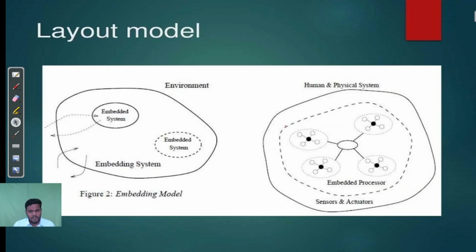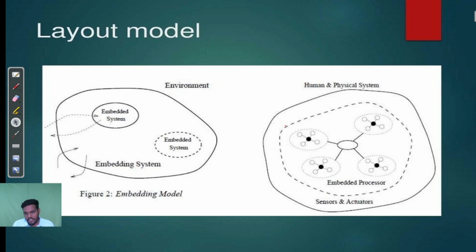This is a layout model. First is the embedded system environment, then the human and physical systems. In the environment, the embedded system involves a microcontroller or a microprocessor, depending on the application. Through the information from the sensor, it operates into particular stages.